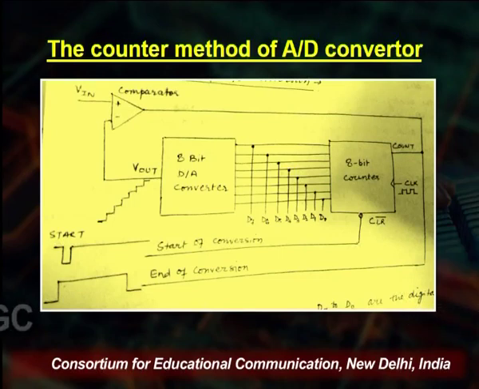As long as the input signal is more than the output of the 8-bit DAC in the op-amp comparator, the output of the comparator, that is the op-amp, would be in positive saturation.